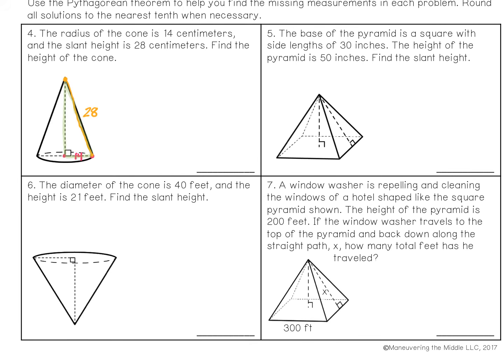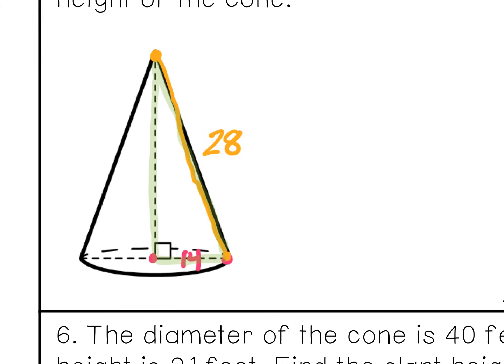Now, let's zoom in on that picture a little bit. I know that the legs of a triangle come together to form the right angle. So that would be the height and the radius. The slant height is across from the right angle and will be the hypotenuse.